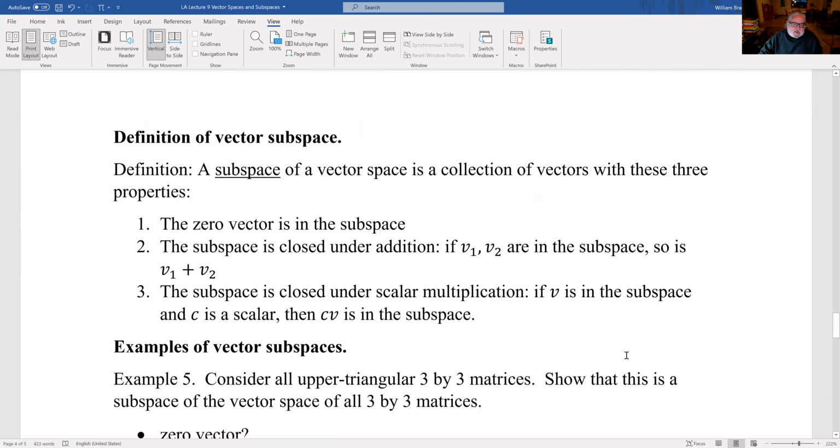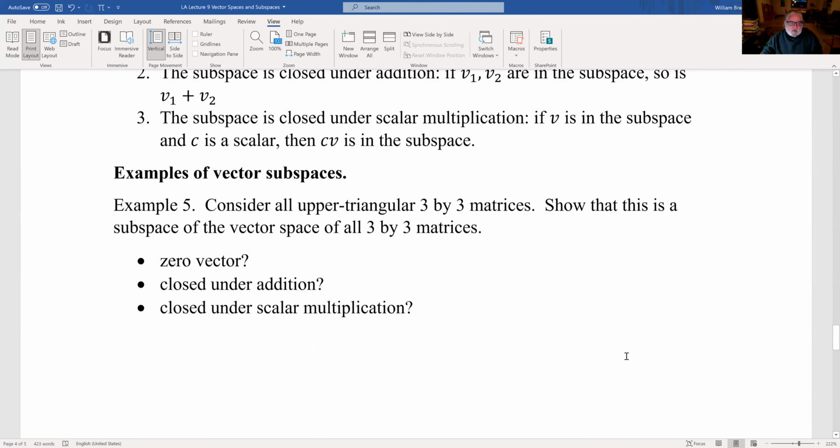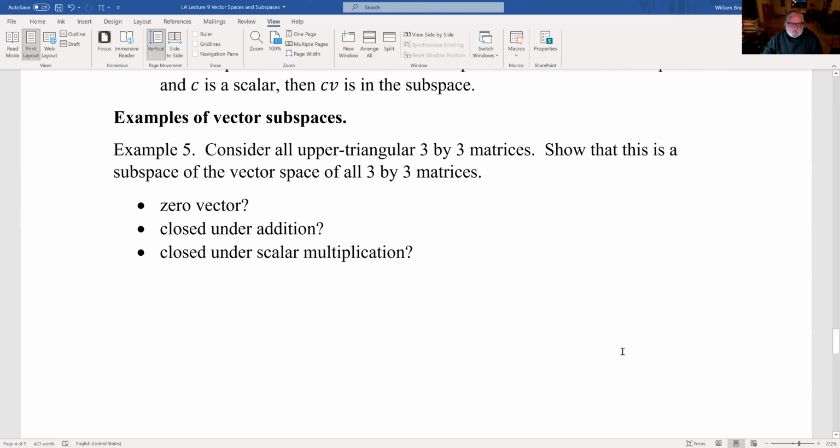So a vector subspace is a collection of vectors from a vector space with these 3 properties. The 0 vector is included. The subspace is closed under addition, and the subspace is closed under scalar multiplication. So take upper triangular 3 by 3 matrices.